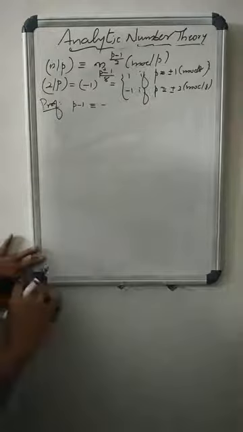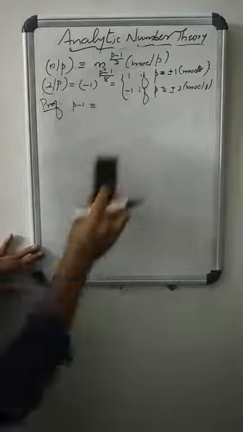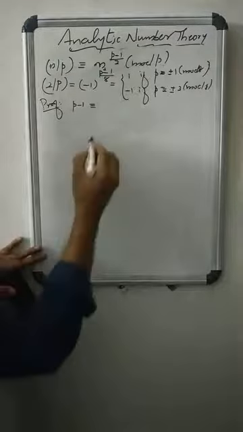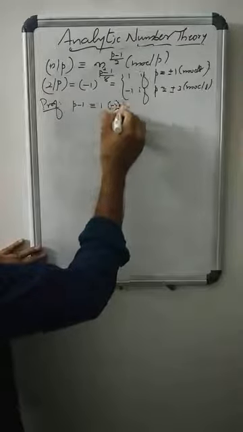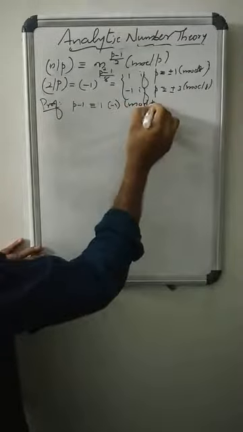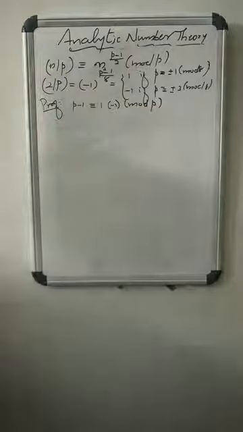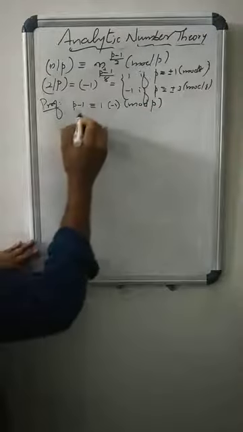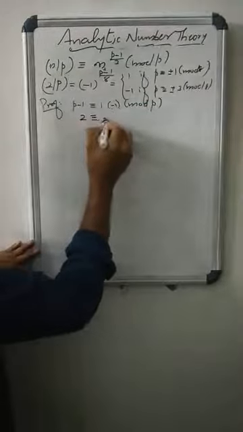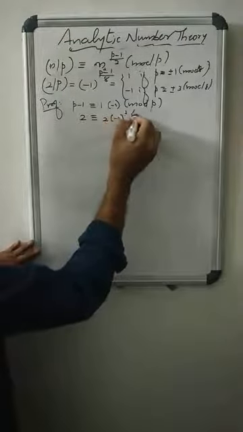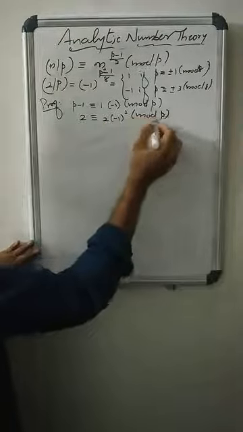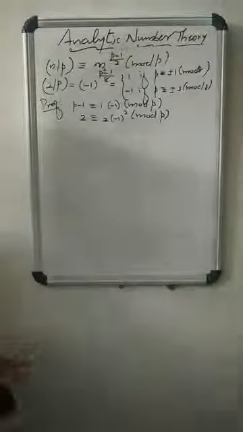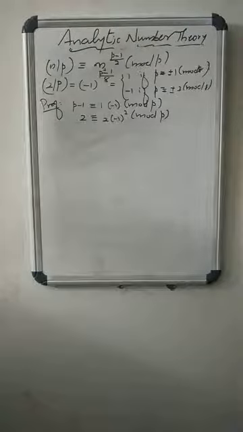Agree? p-1 congruent to -1 mod p means p-1 is congruent to 1 times (-1) mod p. Agree? Okay. What is 2? 2 is congruent to 2 times (-1)^2 mod p. This can be rewritten in this way for the sake of the pattern.